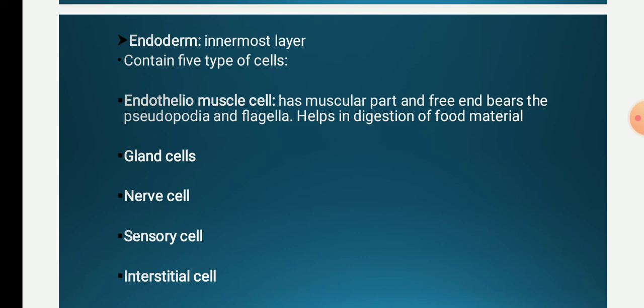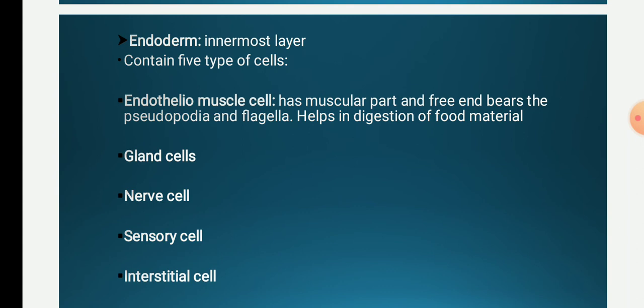Endothelial muscle cells are also pillar shaped. The one end nearer to the mesogloea bears the muscular part, and the free end bears the pseudopodia and flagella. The flagella create a water current inside the gastrovascular cavity. The pseudopodia capture the prey and the food material is digested inside the endothelial cell.